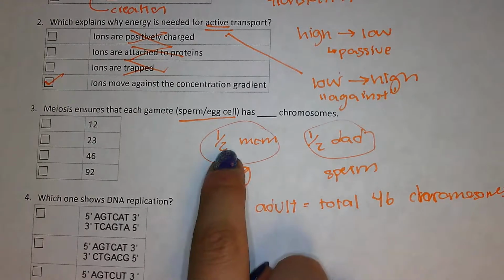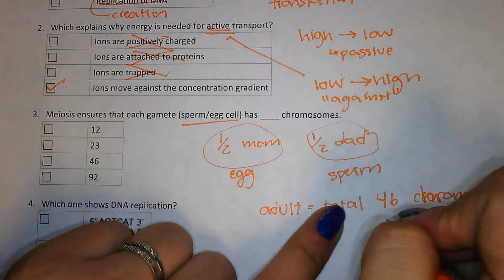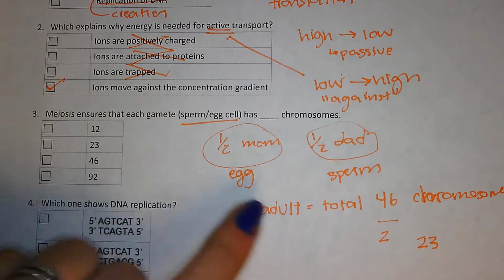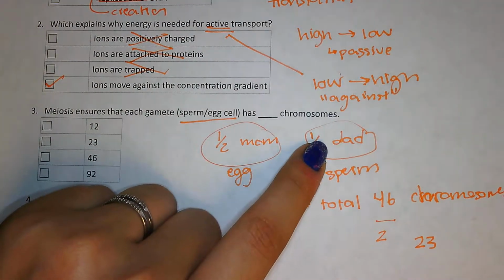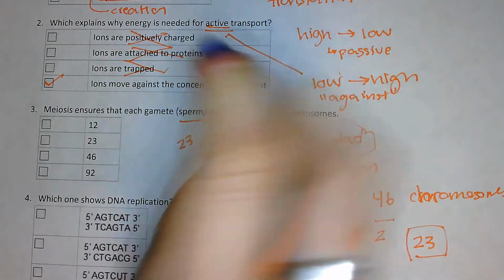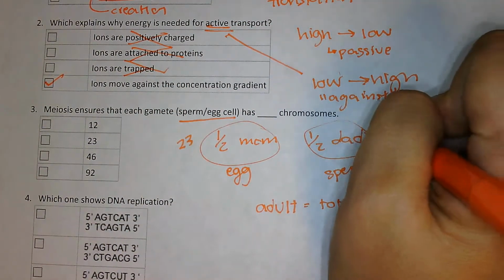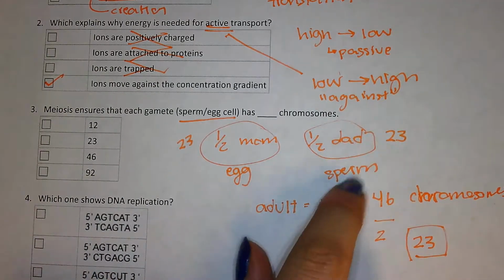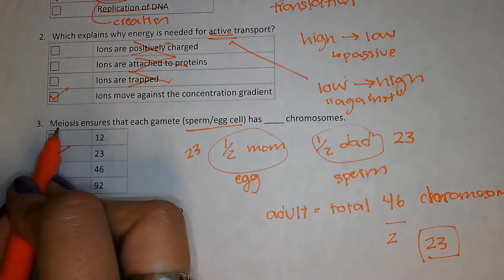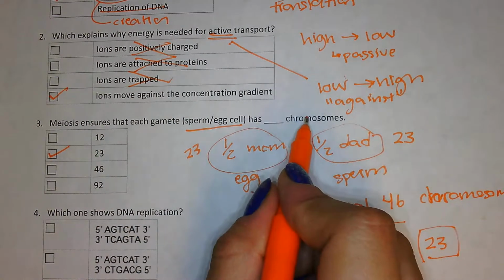If we get half from mom and half from dad, that means that we need to divide 46 by 2 to get how many chromosomes are from mom and how many are from dad. That means that we get a total of 23 chromosomes from mom, so 23 chromosomes in an egg, and 23 chromosomes from dad, 23 chromosomes in a sperm. So the correct answer is that meiosis produces gametes that have 23 chromosomes for humans.